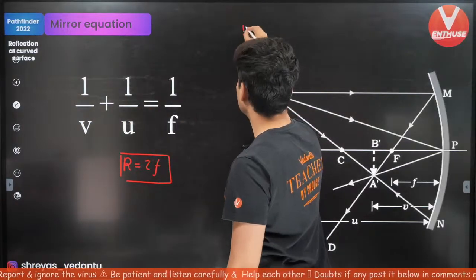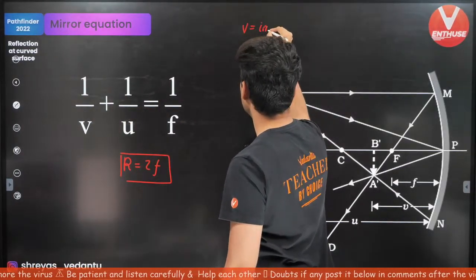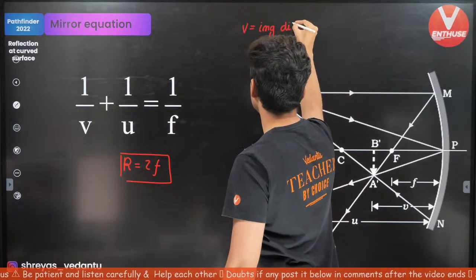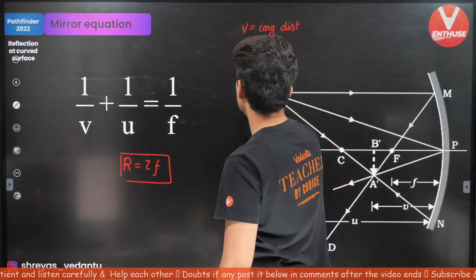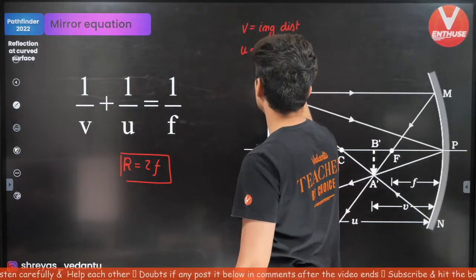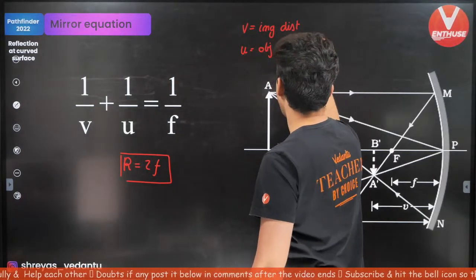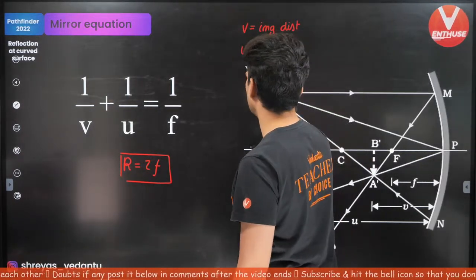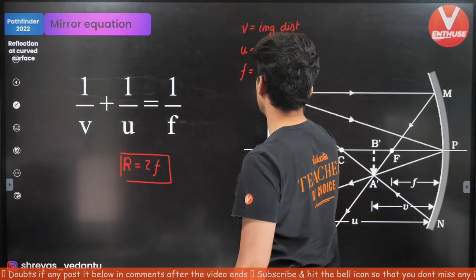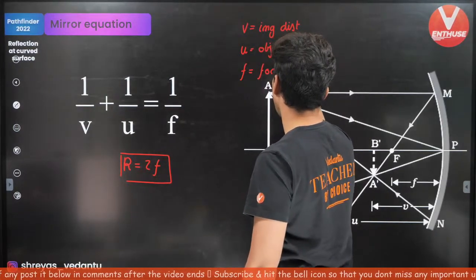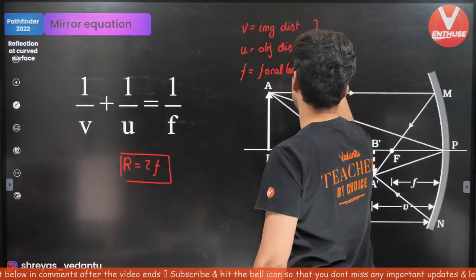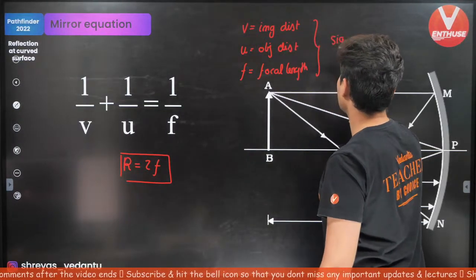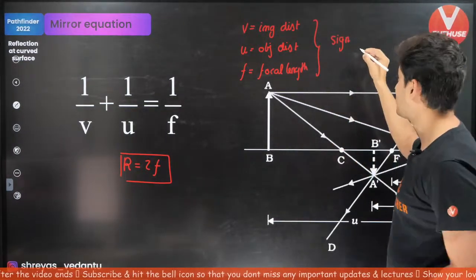What is v? v is your image distance. u is your object distance. f is your focal length, of course, and all of this has to follow the sign convention.